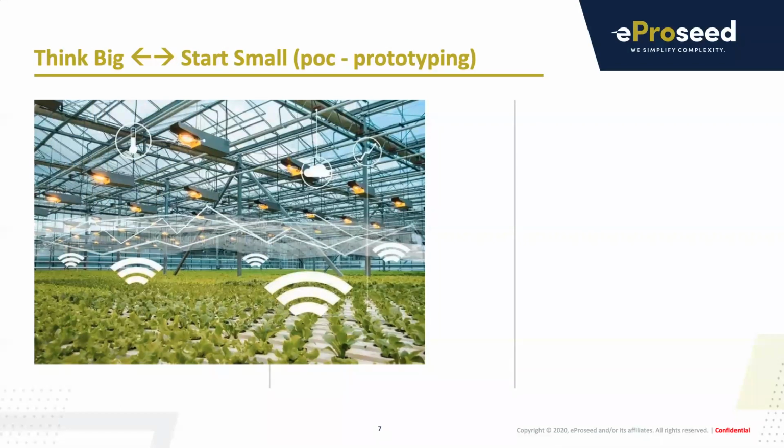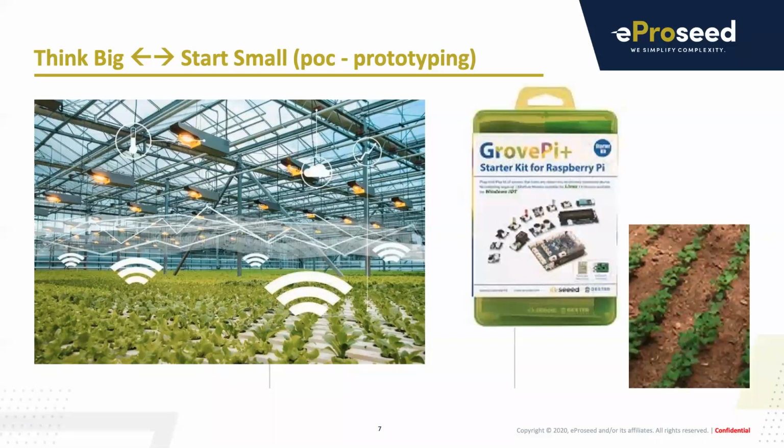So in the Netherlands, there's a lot of greenhouses where they grow crops. You can sensor a lot of things like temperature, humidity, light, etc., crop height, and all of that stuff can be sent. Sensors can be sent to the cloud.